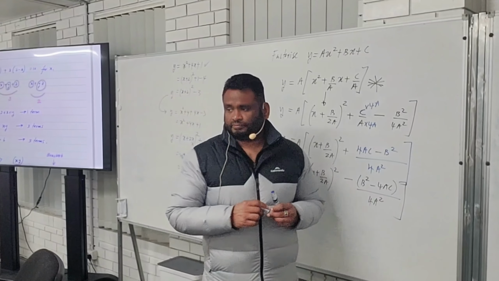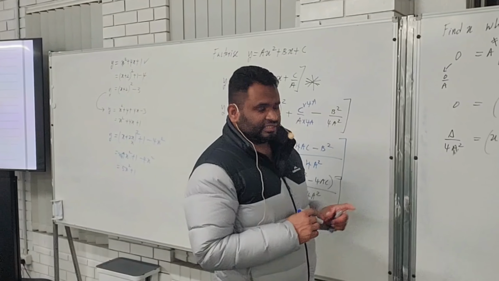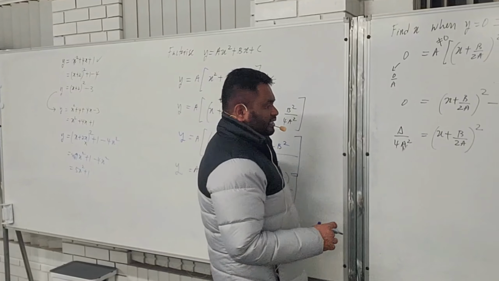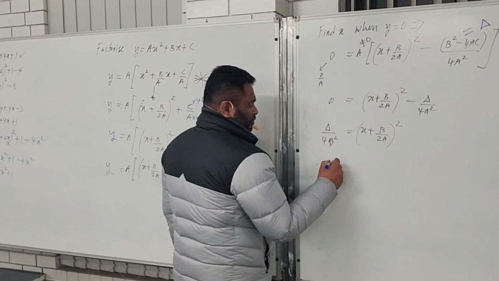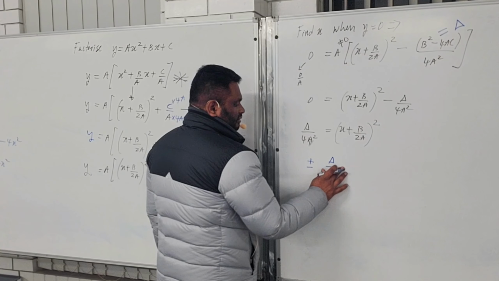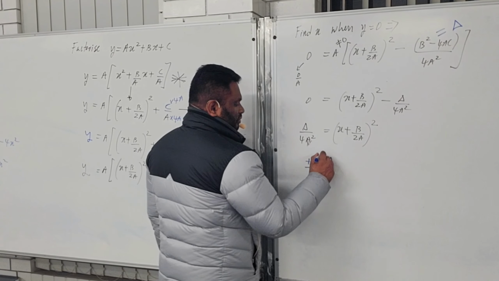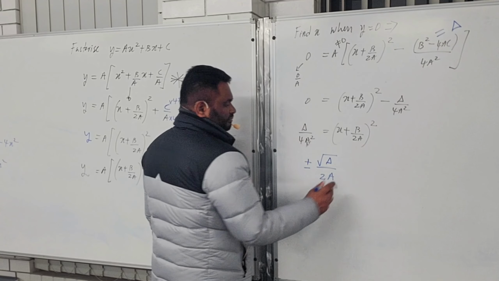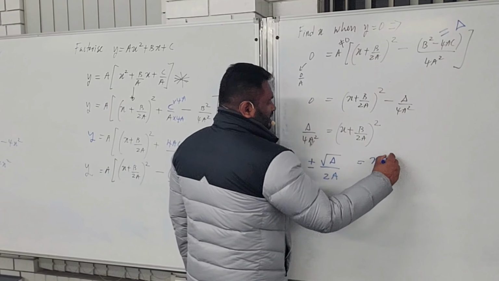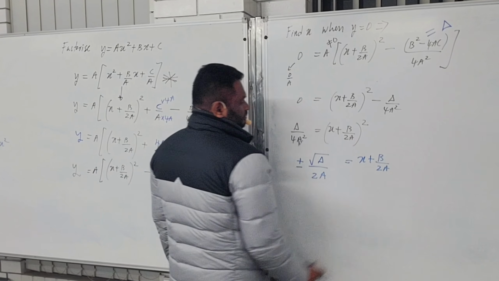First listen and then you can write after. Otherwise, you don't do any of this. Then square rooting, right? So when you do the square rooting, plus and minus comes. Square root of delta divided by 2a. Agree? When you square root this side, then right hand side becomes x plus b divided by 2a.